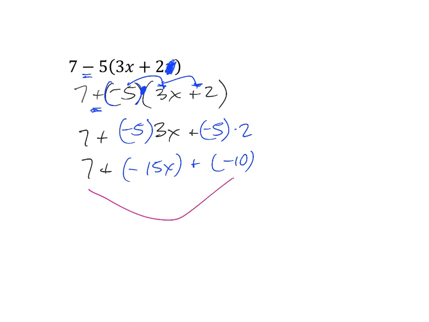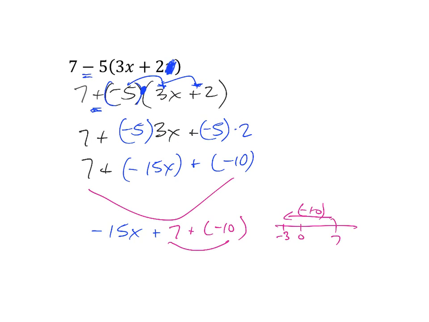So as we move things, we're going to say we have negative 15x plus 7 plus negative 10. And if we look at 7 plus negative 10, that means we started at 7 and moved to the left 10, which means we got past 0, and we're at negative 3.